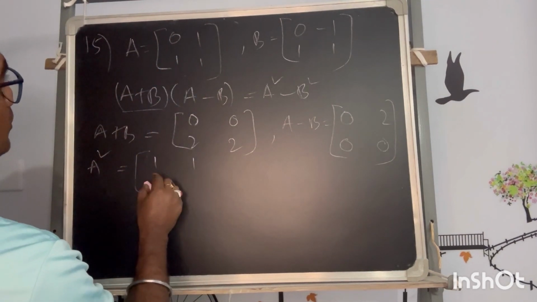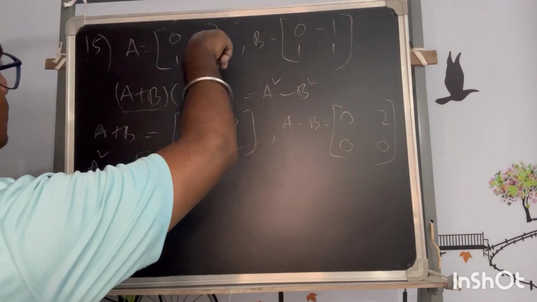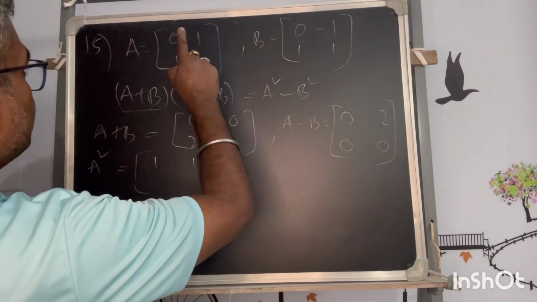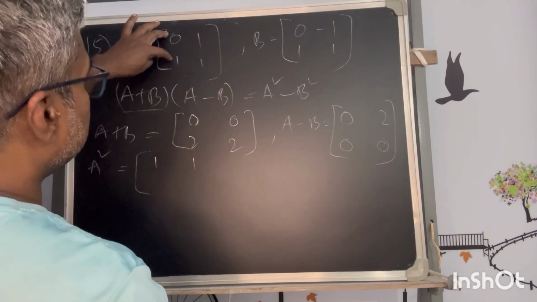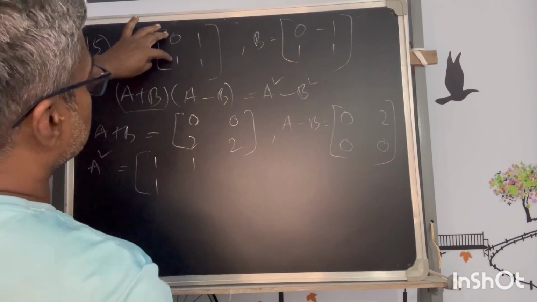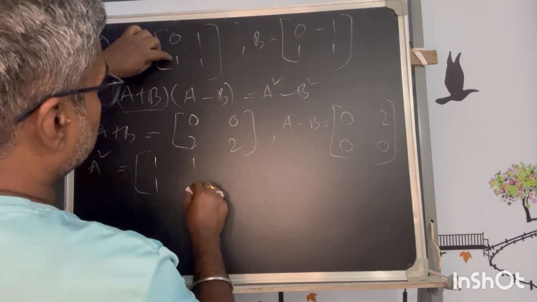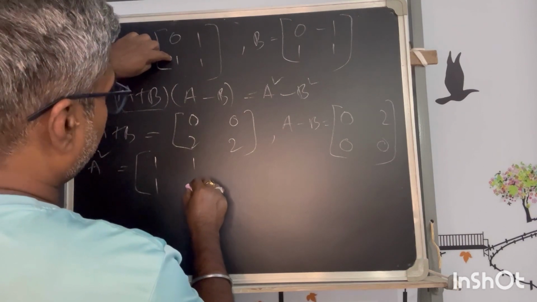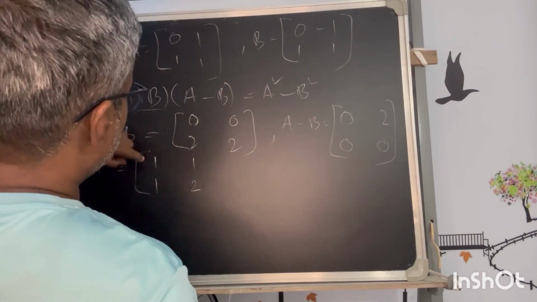The second line into the first line, 0 into 0 is 0, and 1 into 1 is equal to 1. So this is also 1. Now the second line, 1 into 1 is equal to 1 plus 1 into 1, this will become 2, isn't it?